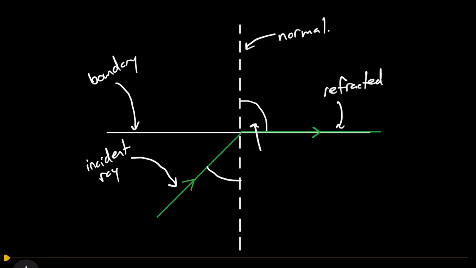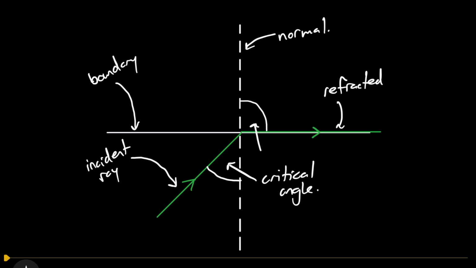And finally, this angle right here, where I just drew that arrow, is going to be our angle of incidence, but since our angle of refraction is 90 degrees, this is going to be our critical angle. So again, the critical angle is the angle of incidence that makes a 90-degree angle of refraction.